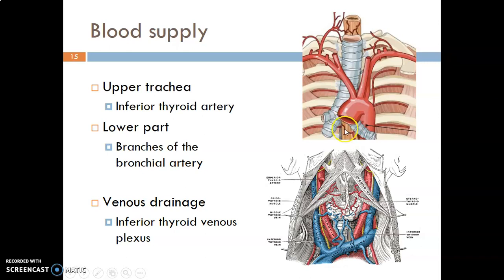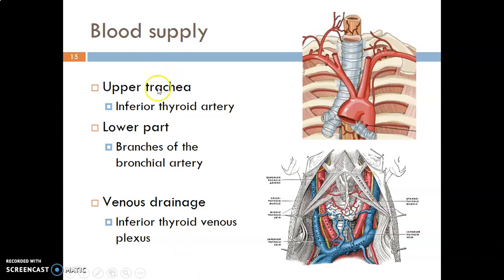The thoracic aorta gives bronchial arteries to the bronchi that also supply the thoracic part of the trachea.